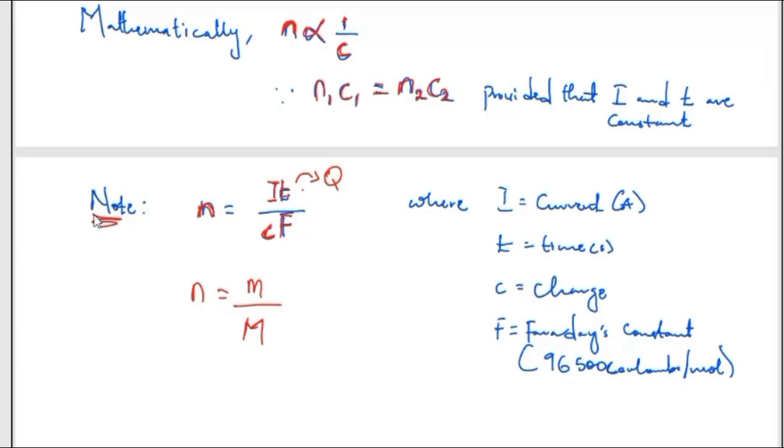The Faraday's constant. So where I is equal to current, T is equal to time in seconds, C is charge, and F is Faraday's constant, and the constant is what?